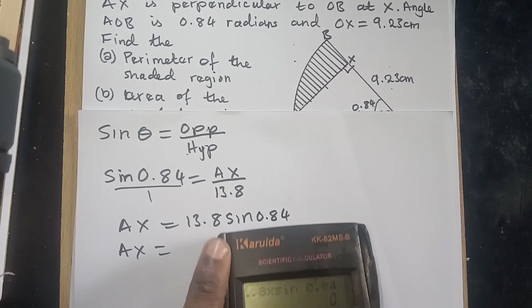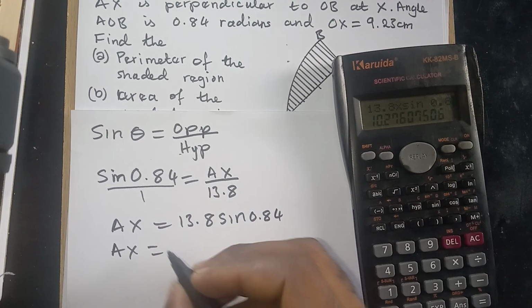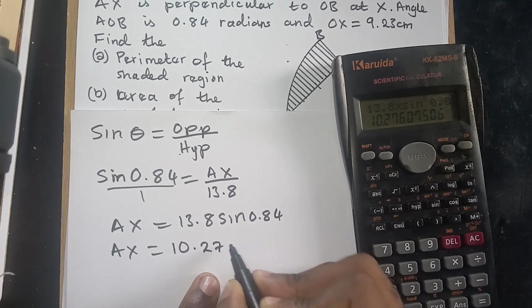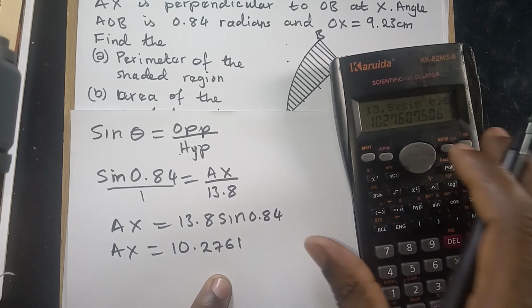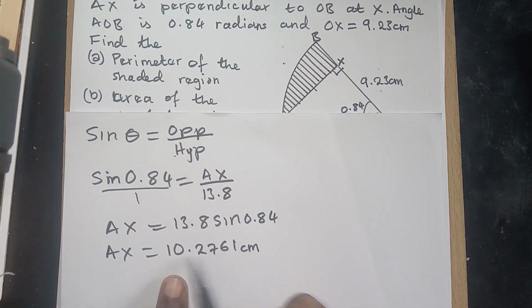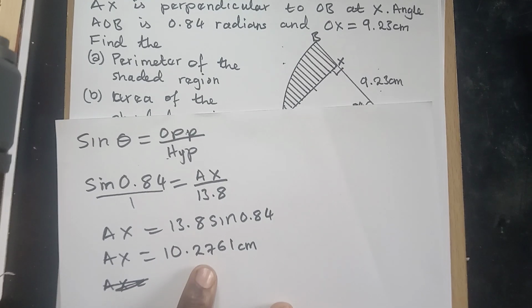It's very important that you check your calculator. If your calculator is not in radians, then you're not going anywhere with your work. These are centimeters, so our AX can be rounded off. Anyway, this is not final, so we can just leave it like this.